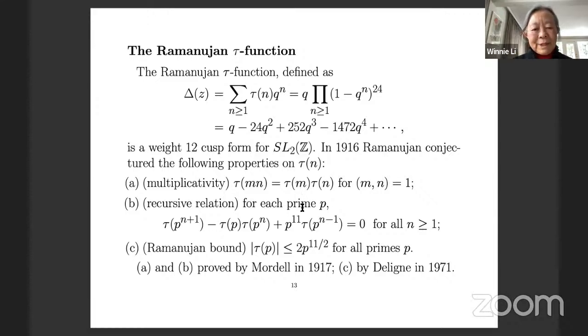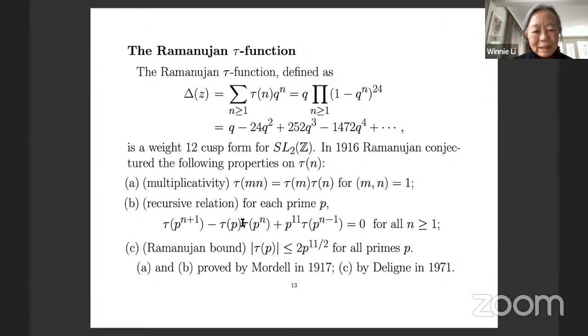So then we fix a prime p. Then the second is that for the coefficients at primes p, they satisfy a three-term recursive relation relating tau of p to the n plus 1, tau of p to the n, and tau of p to the n minus 1.